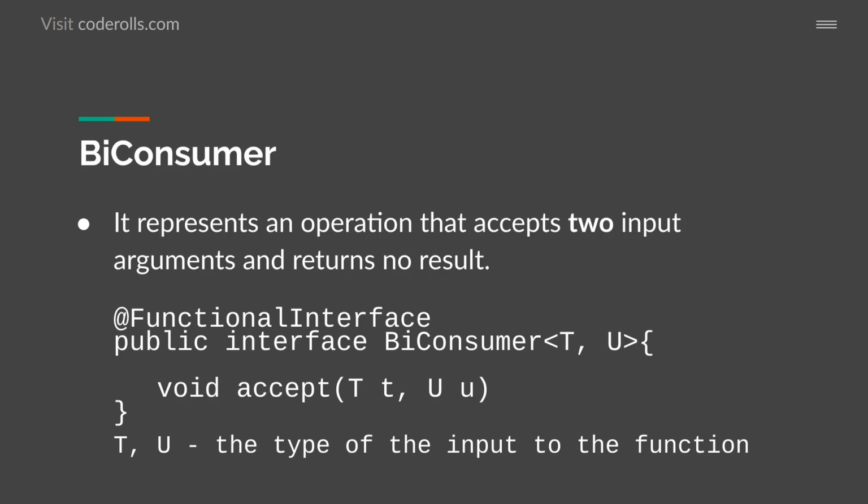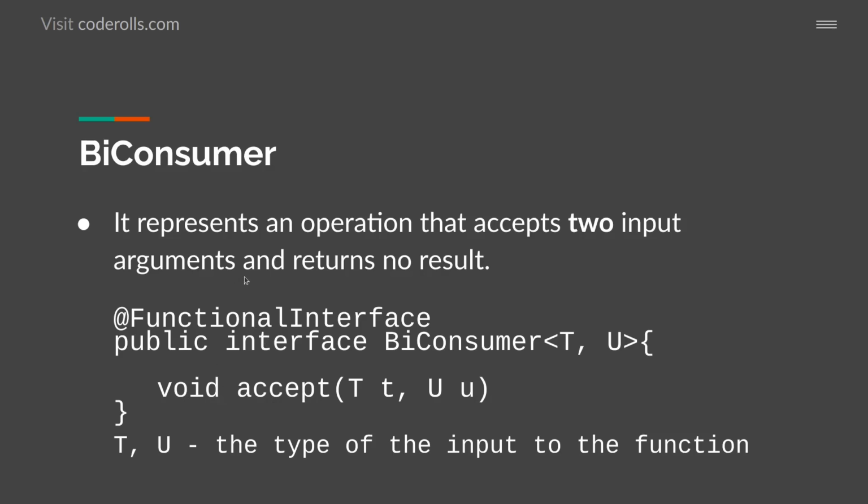But what is BiConsumer then? It will accept two arguments and it will not provide any result. It has the same abstract method accept. You can see the method signature here. The accept is accepting two arguments t and u, and the return type of accept method is void. That means it will not return anything.